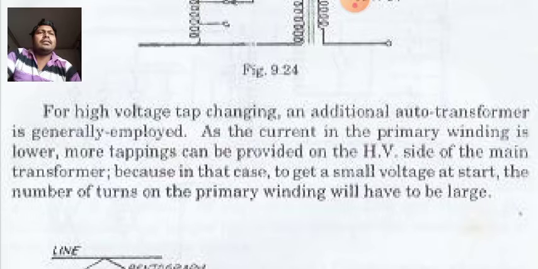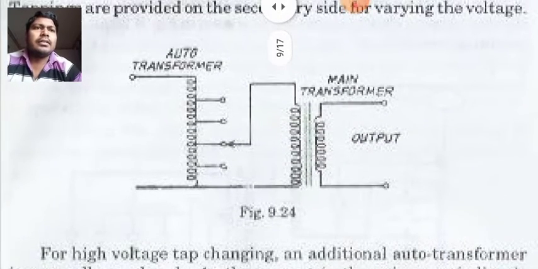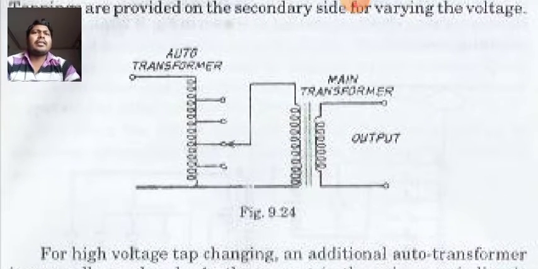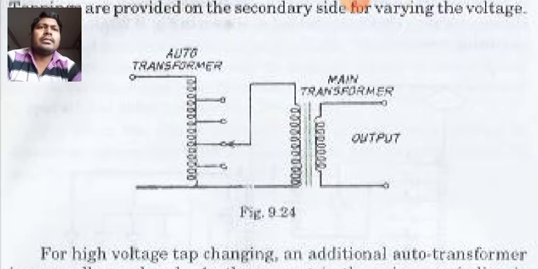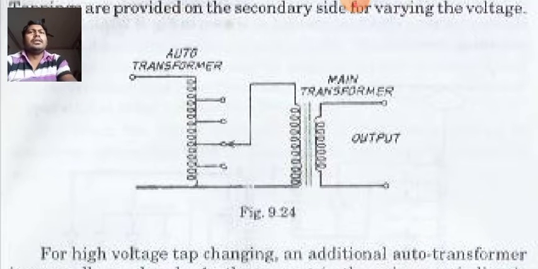As the current in the primary winding is lower, more tappings can be provided on the HV side of the main transformer, because in that case we get a small voltage at start and the number of turns on the primary winding will have to be large. So for this reason only, as you can see in this diagram, there is another auto transformer. With the help of the auto transformer, the HV side tappings can be easily taken.